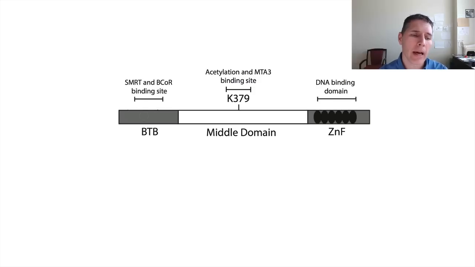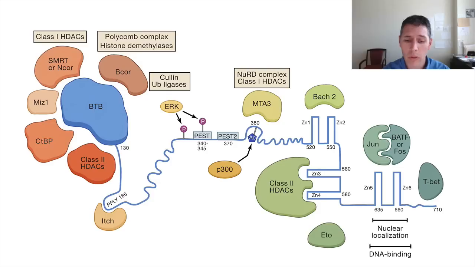And BCL6 has multiple functional domains, and in fact, frequently BCL6 is thought about, I think, in an oversimplified manner, and this is a more realistic schematic of how BCL6 may regulate TFH differentiation.